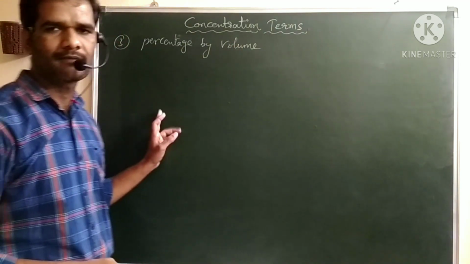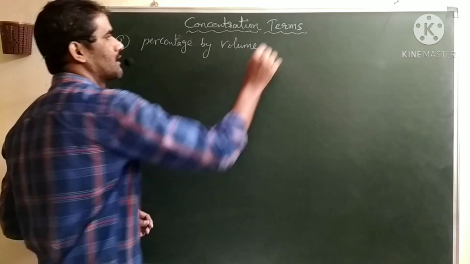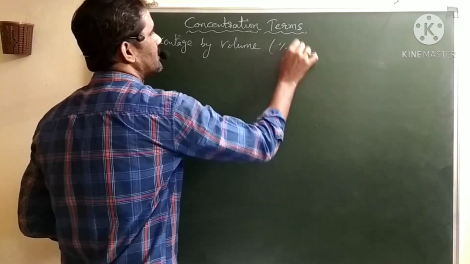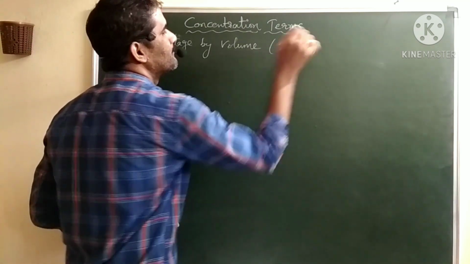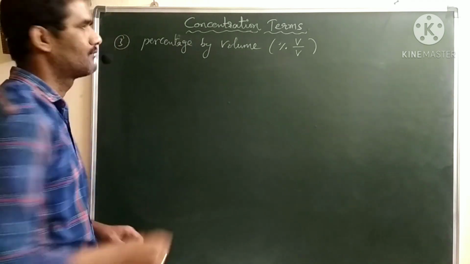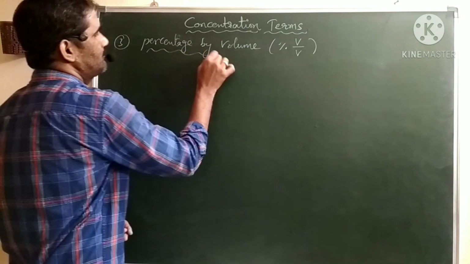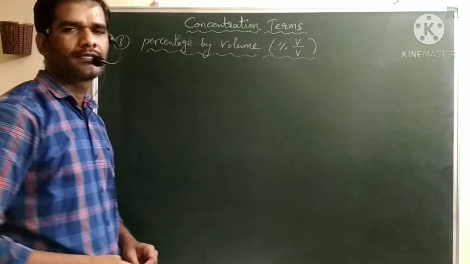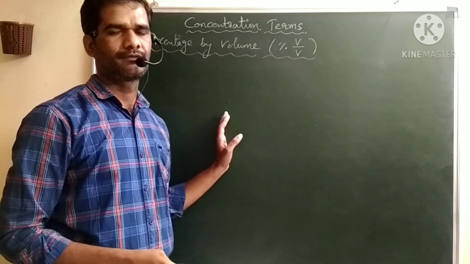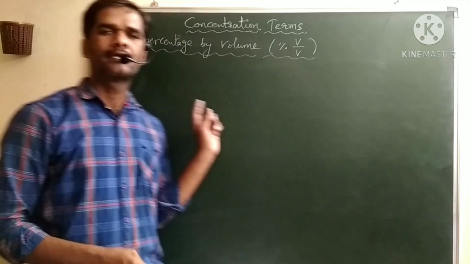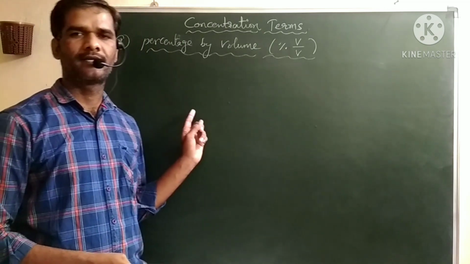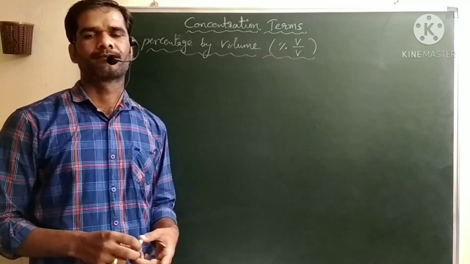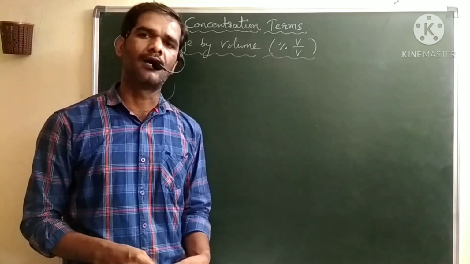This is as like percentage by mass. So we can represent this percentage V by V, volume by volume. Again here the same definition, but here the substance is in volumes, not in mass. Again, the volume of solute present in 100 ml of solution is its percentage by volume.